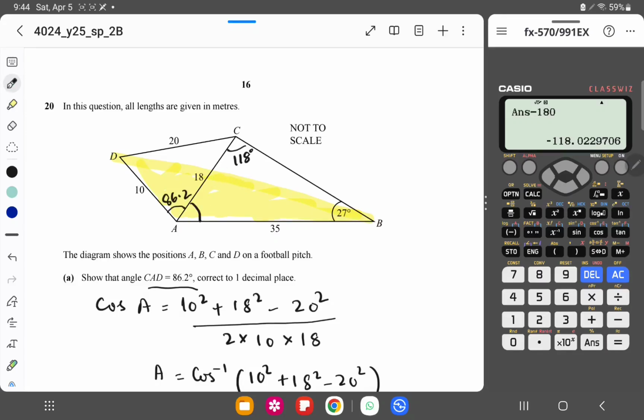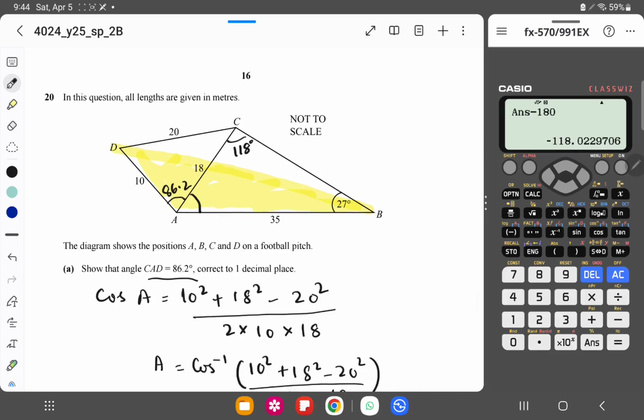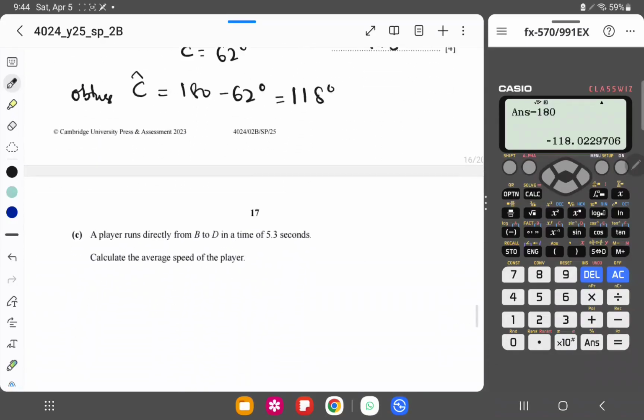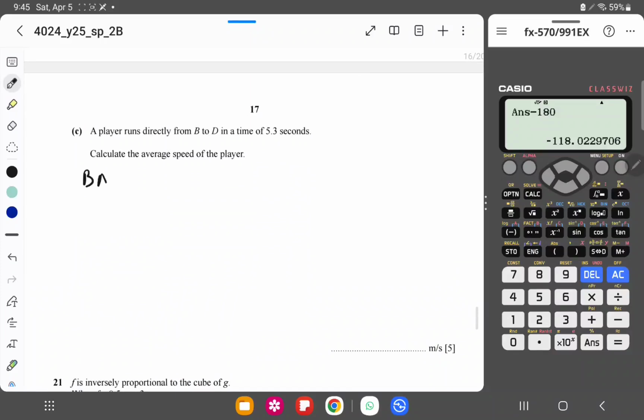We need to find out this angle CAB. Angle C is 118 degrees, we have already found, and angle B is given as 27. 118 and 27 add together and subtract from 180 degrees. So first of all we find out BAC.